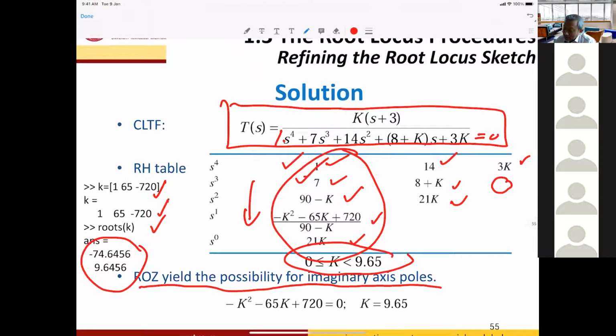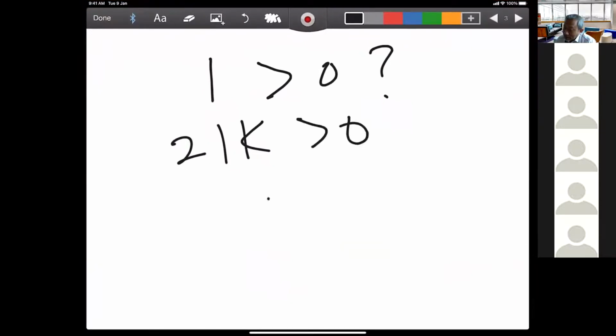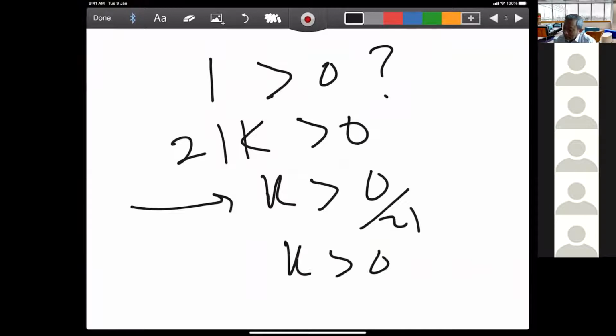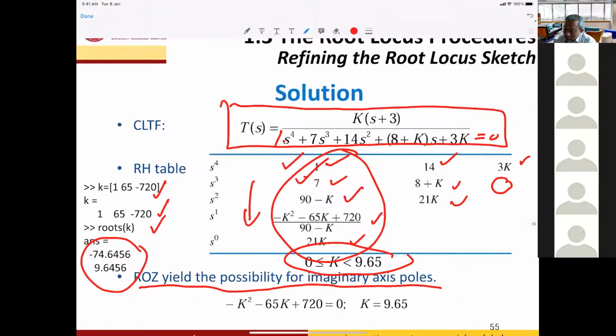Okay, easy, I got it. 21K greater than 0 means K greater than 0. Am I right? If you simplify this, you will get this. Yes, greater than 0. So in this one, 1 is already greater than 0, 7 greater than 0, then 90 minus K greater than 0.